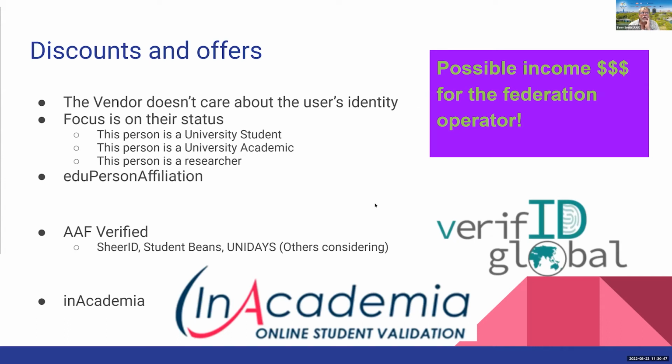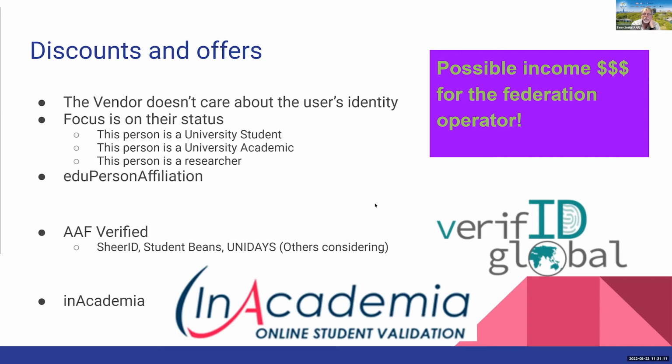We're going to discuss discount and offers type services. The vendor doesn't care about the user's identity, they just want to know the status of the user, is a staff person or an academic or a researcher. They generally look for the eduPersonAffiliation value, and there's two such services running at the moment.